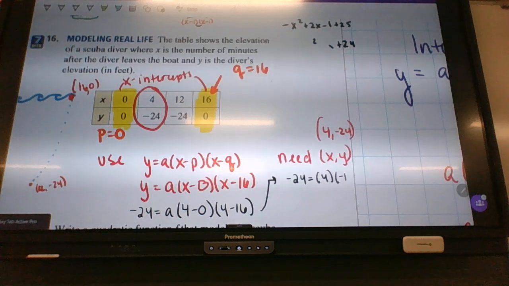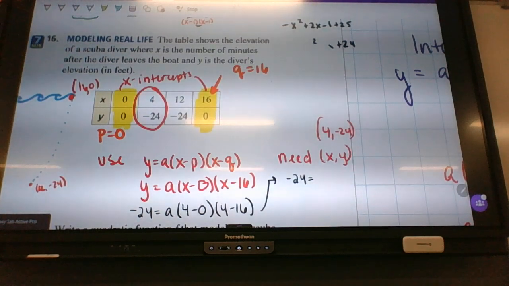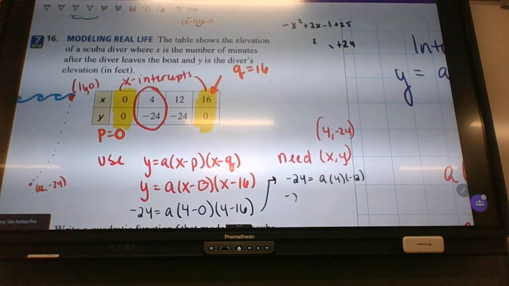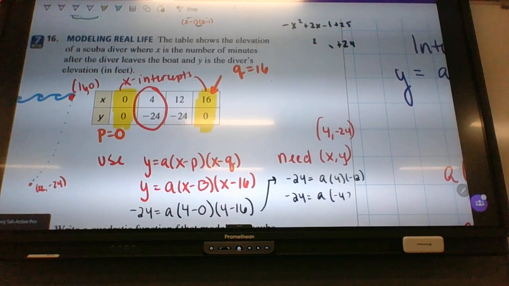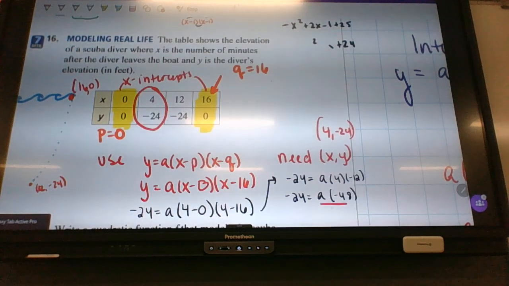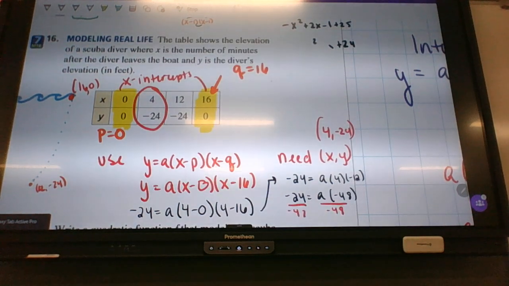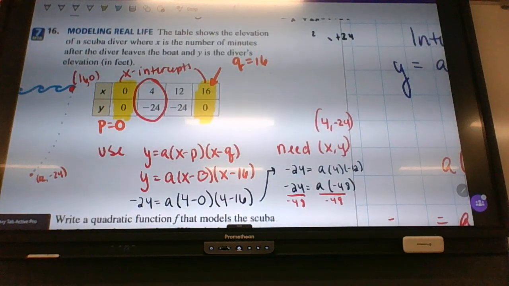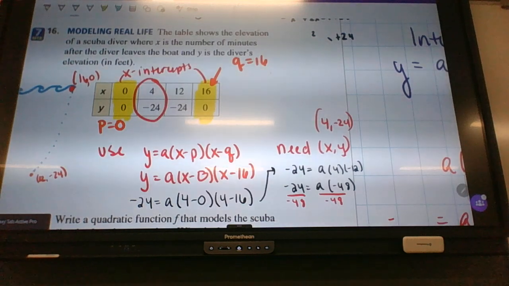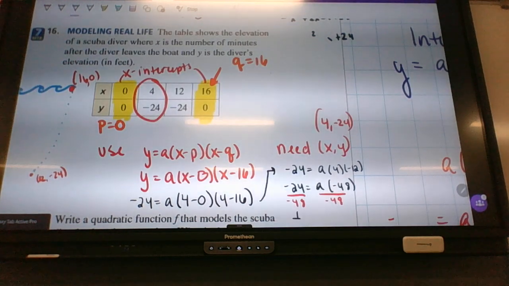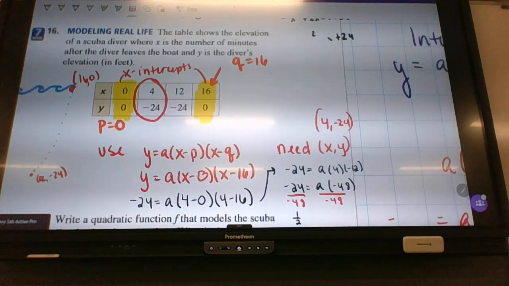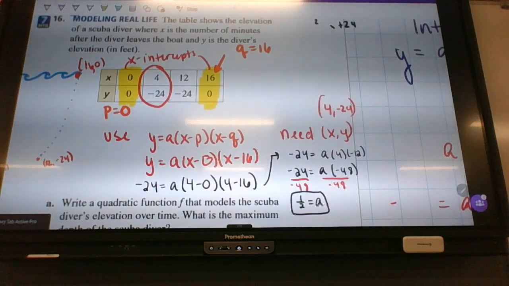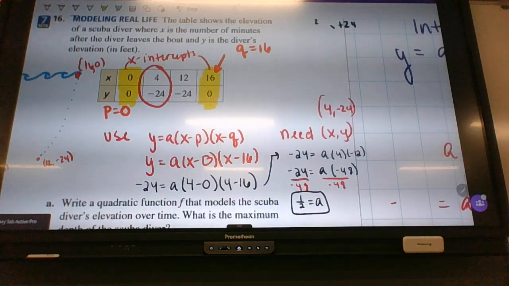Negative 12? Anybody get 1/2? Don't put your tongue in it.